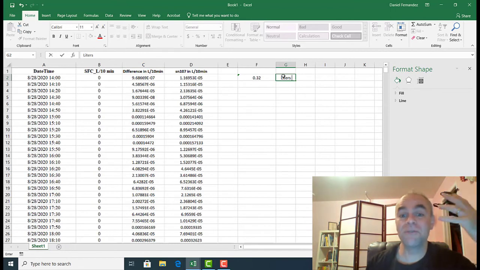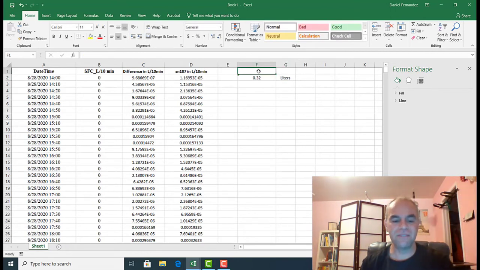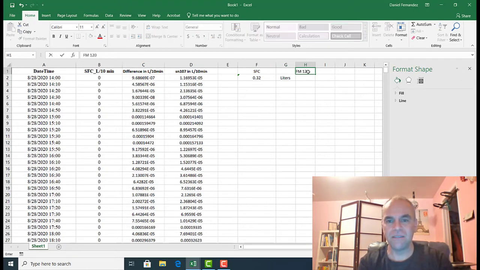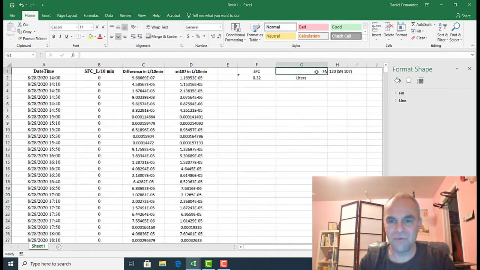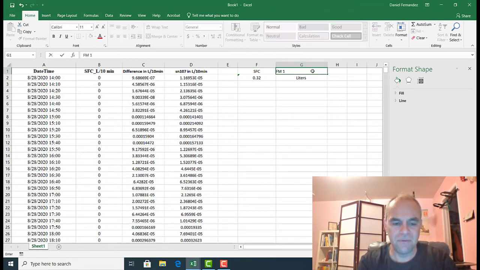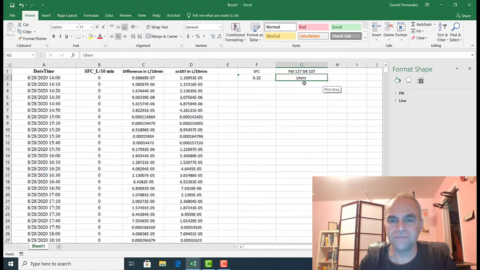Great, you say. Well, how much was there available for it to collect from? So this is from the SFC. It's that many liters. Now I'm going to look at the FM-120. That's serial number 107. That's the FM-120 that happened to be in front of the fog collector. That's just the serial number of it. This column D represents that, and that's what I'm looking at right here.